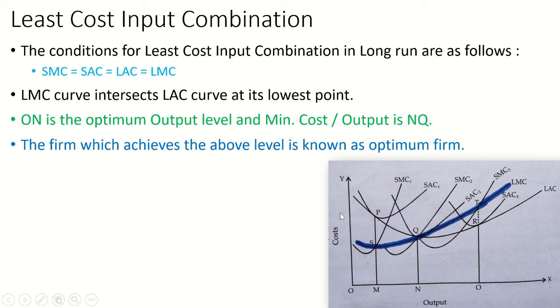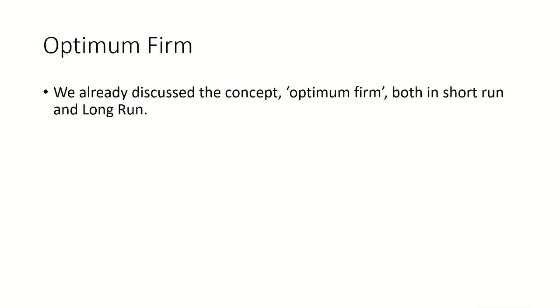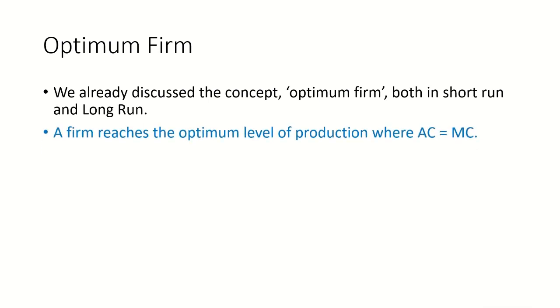The firm which achieves this particular level, that is Q in this figure, is known as the optimum firm. We already discussed the concept of optimum firm both in the short run and the long run. Once again we are repeating the same.